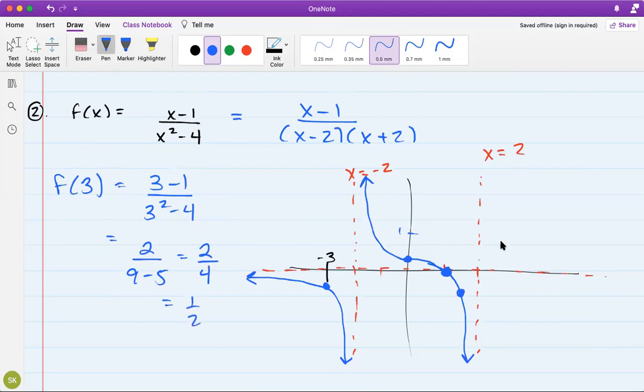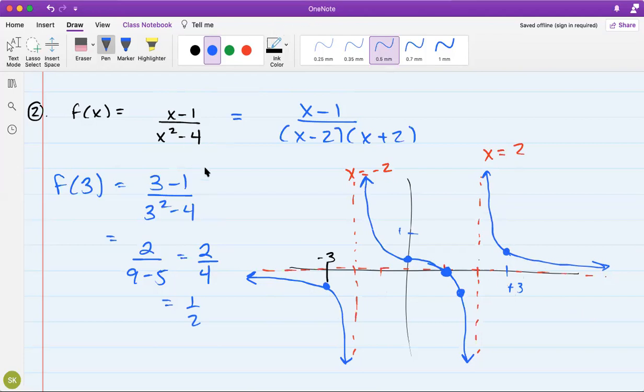This is a positive number, which tells me when we plug in positive 3, we get a positive value. And we're going to have the same thing happening here, but up here. Because when we go this way, we're going to go towards infinity. We can't cross this axis. And then this side is going to go towards this asymptote. So this is the graph. This is what it's going to look like.